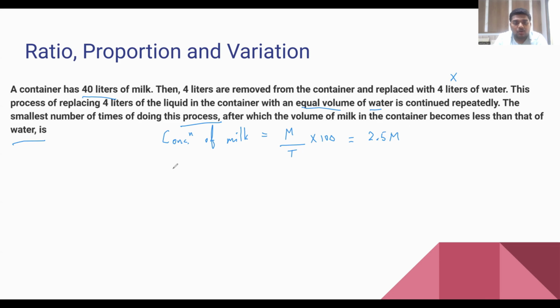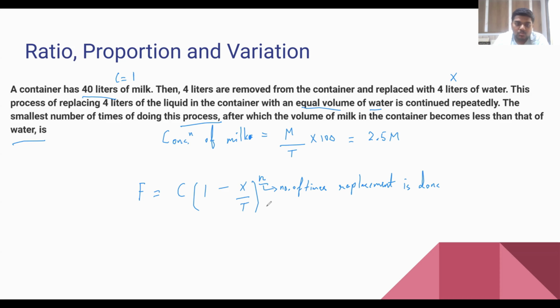So there is a formula over here. Like if we write it as final concentration, the final concentration is equal to the initial concentration, which is 1, into 1 minus x by t to the power n, where x is the quantity of replacement, t is the total, and n is the number of times replacement is done.